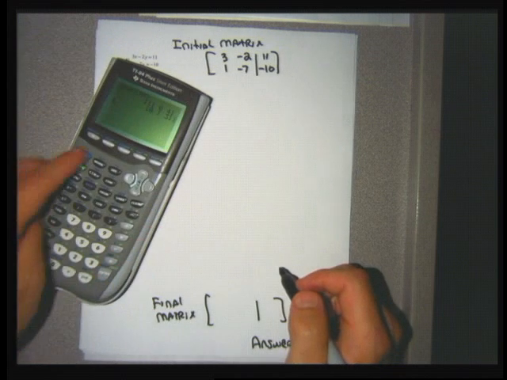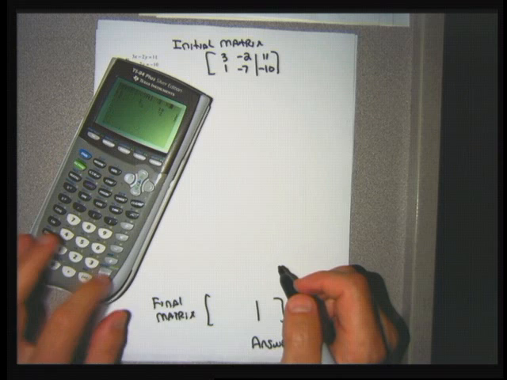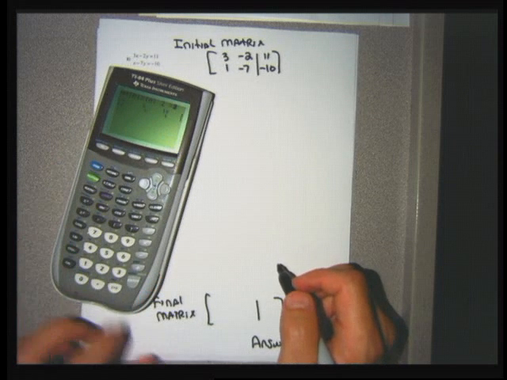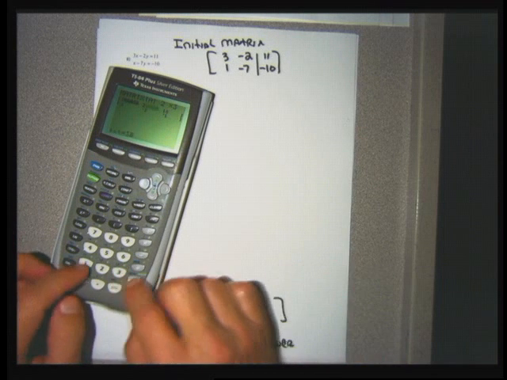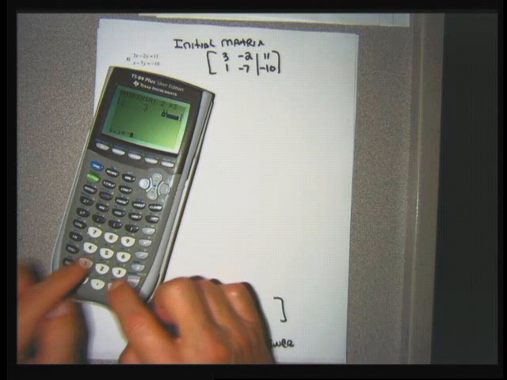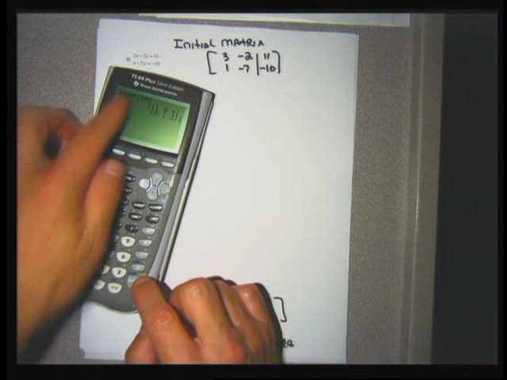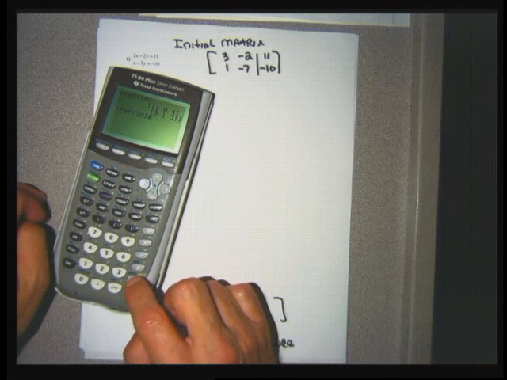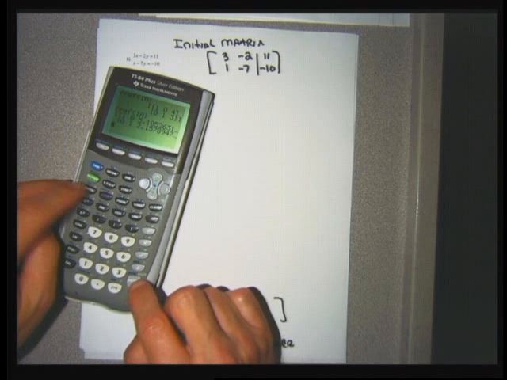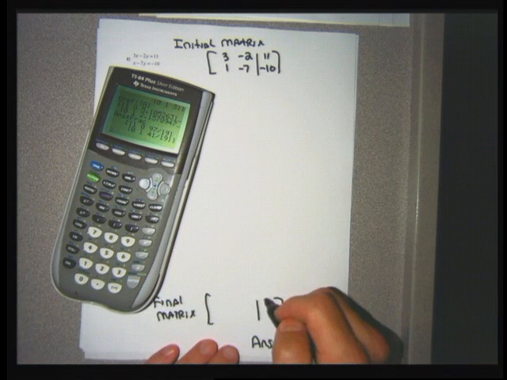So when I enter this matrix, second matrix, edit, it's another 2 by 3 matrix. And when I enter it as 3, enter, negative 2, enter, 11, 1, enter, negative 7, enter, negative 10, second quit. Second, since I just did RREF, just second and enter pulls up the RREF again. Ugly decimals, which means fractions, which is really horrible.